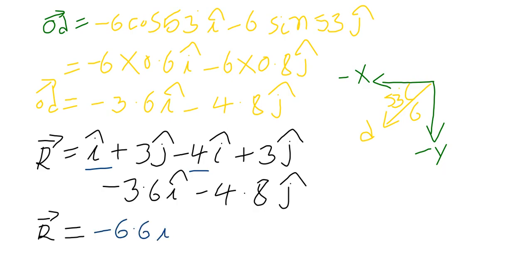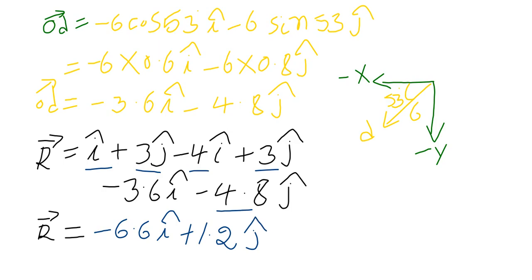Next 3j cap plus 3j cap is 6j cap, minus 4.8 gives plus 1.2 j cap. This is the resultant vector.